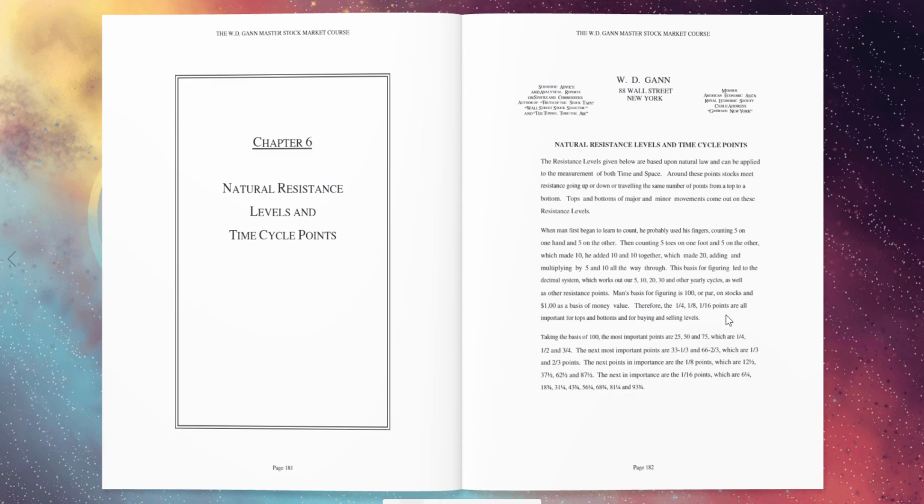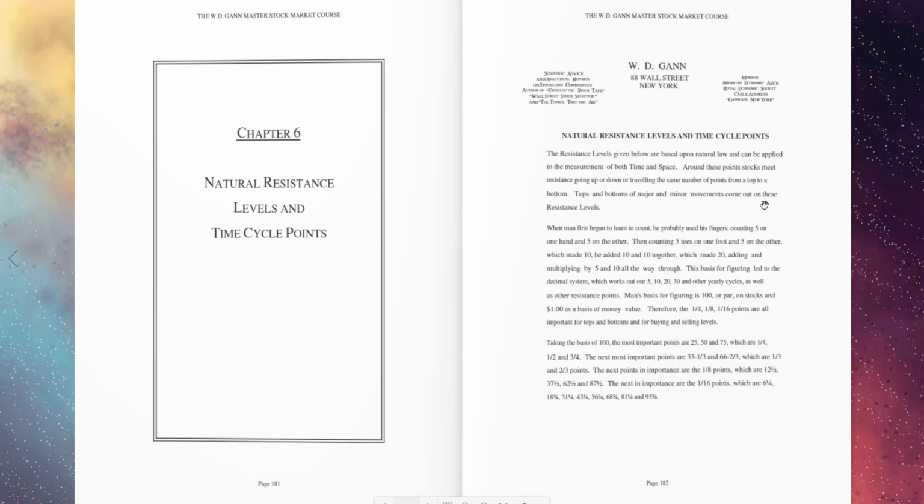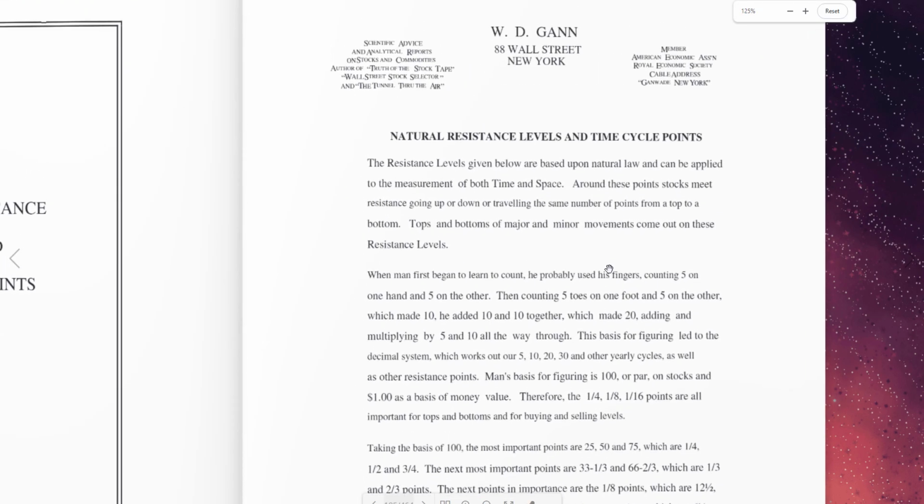Most of the content I am going to cover today is strictly related to the law of vibration, or the upper levels of W.D. Gann's techniques and tools. Let's see if I can zoom in a little bit. I think this should be good enough for us.